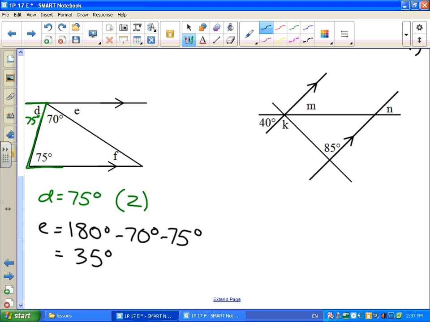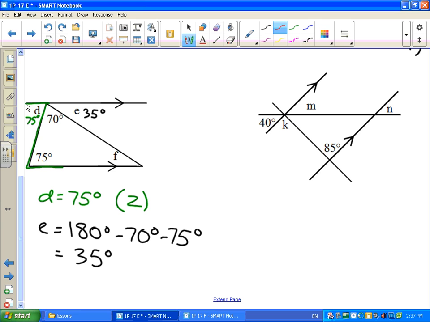Let's label that on the diagram here, 35 degrees. We only have one left, and that's angle F. Now we should be able to see how we can get angle F here. What do you think, Brody? What about that angle F? We can use one of those F, C, or Z patterns here. Excellent.